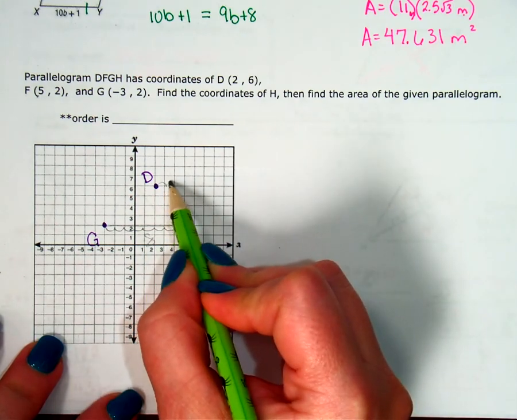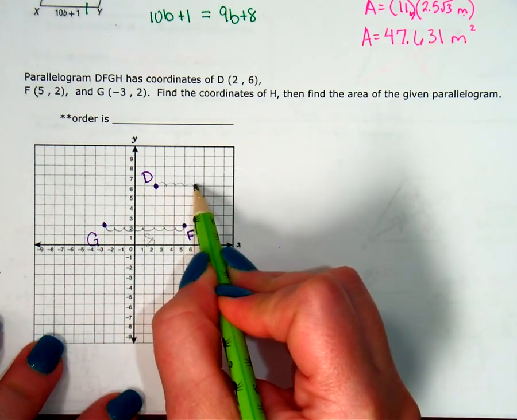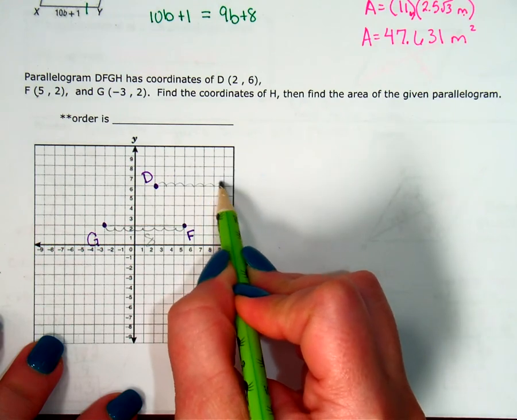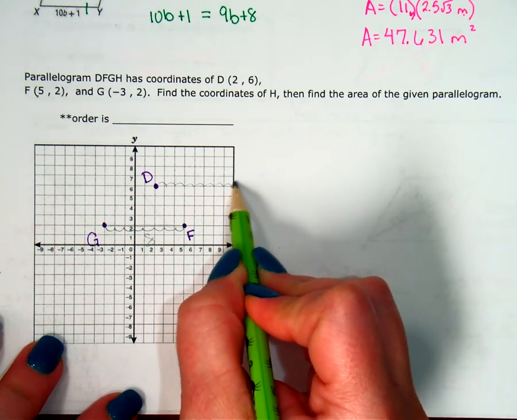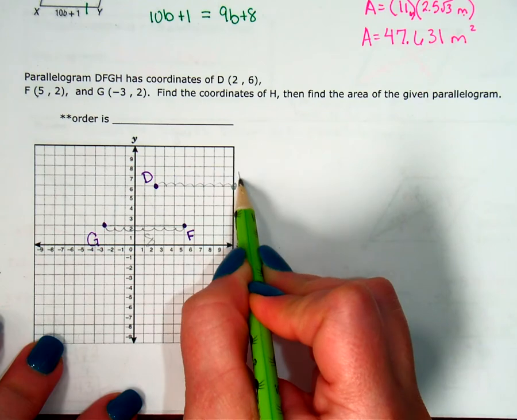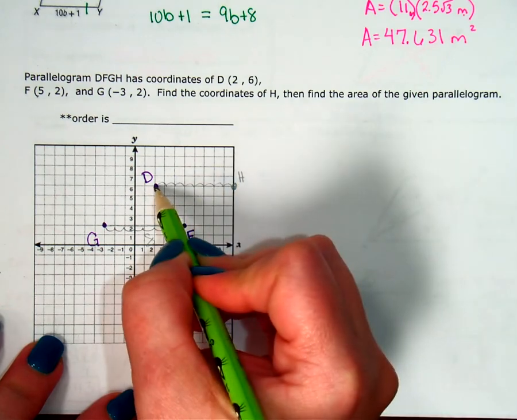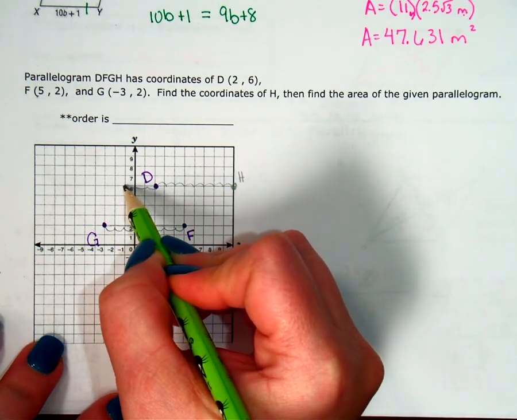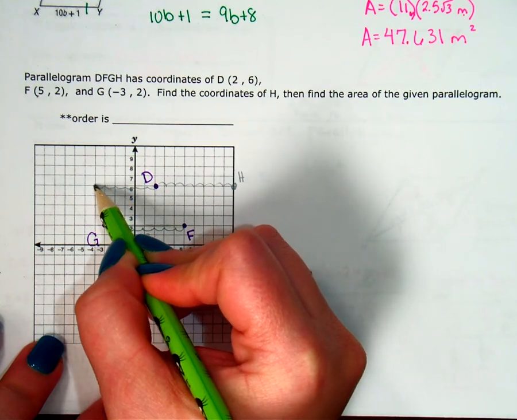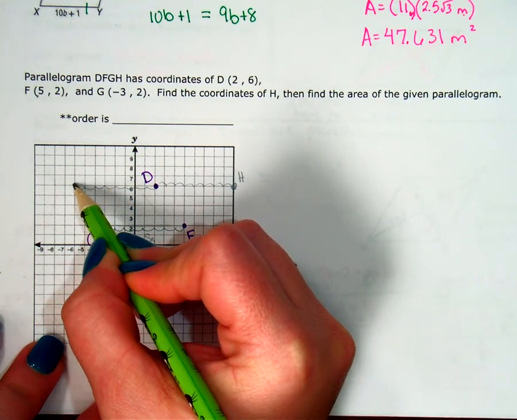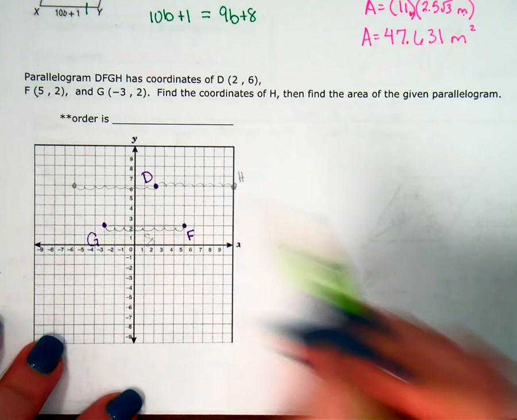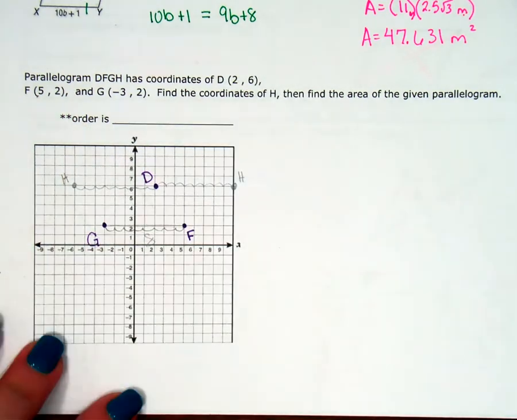So I could go 8 units to the right and put my point here and call that H, or I could go 8 units to the left and put point H there. One of them is correct, one of them is not correct.